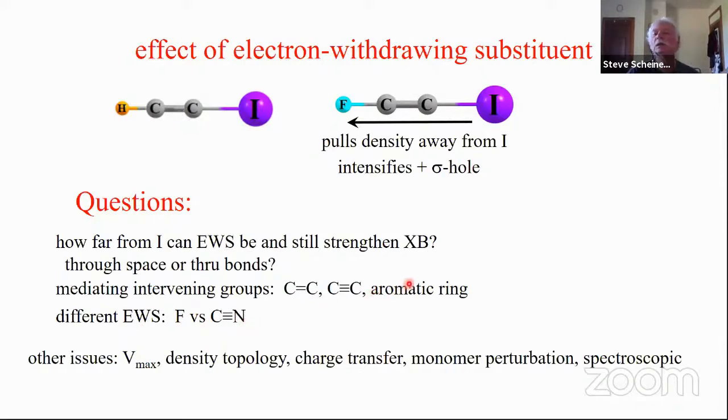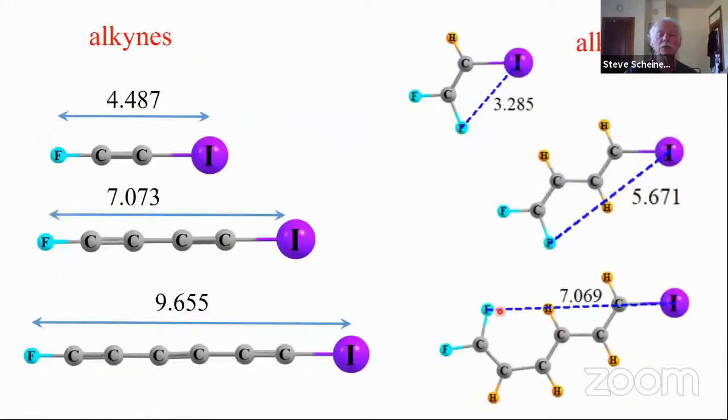Some of the issues we're going to talk about are not just the strength of the halogen bond, but Vmax, which is the depth of the sigma hole. We'll talk about the density topology along the lines of the talk we just heard, charge transfer, how the formation of this bond affects the monomers, and some spectroscopic aspects.